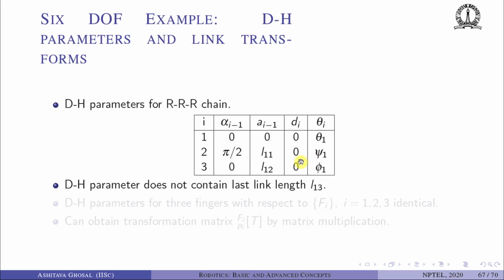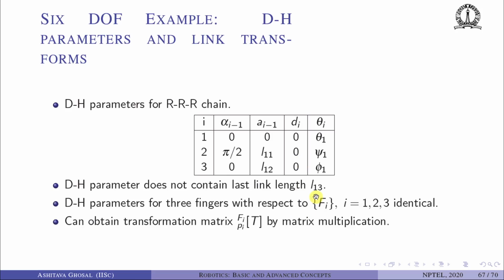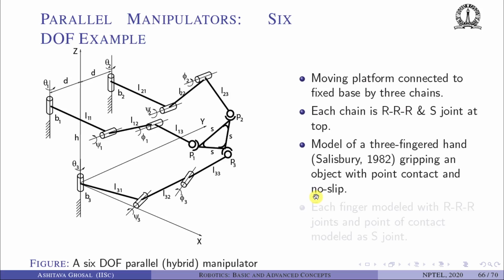The DH parameters do not contain the last link L13. The DH parameters for each of the 3 fingers are identical, except they are with respect to 3 different coordinate systems. This one is with respect to this coordinate system, this is with respect to this coordinate system located at this fixed place, and this is the third one.